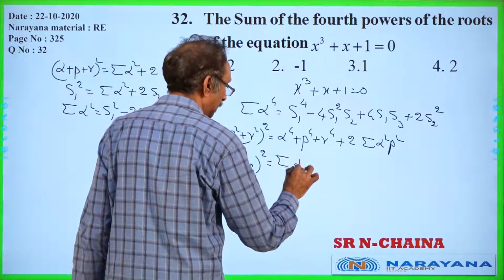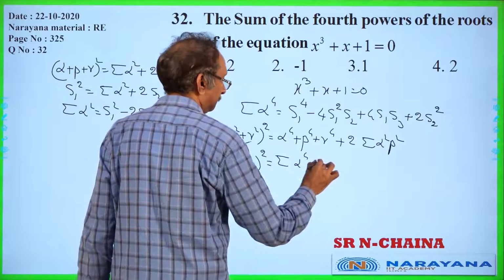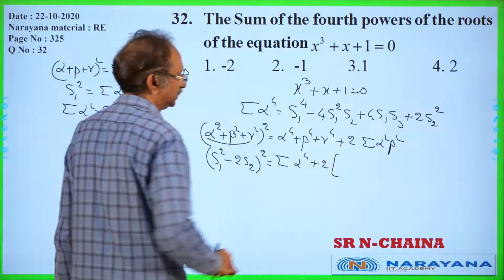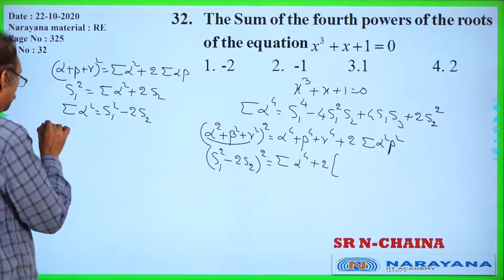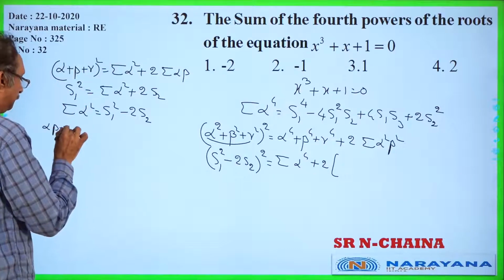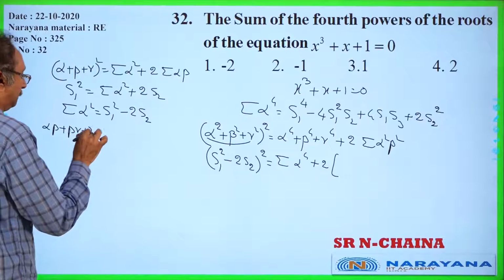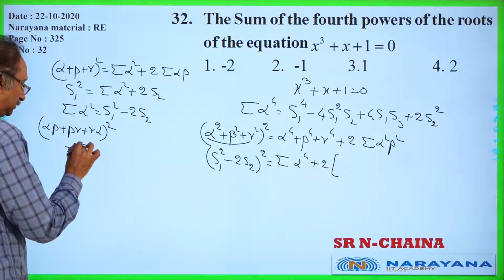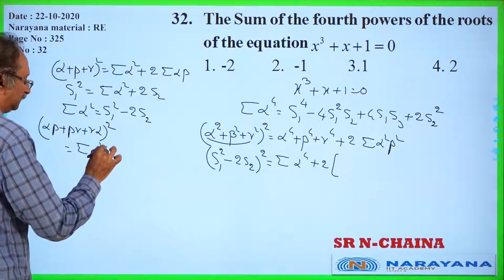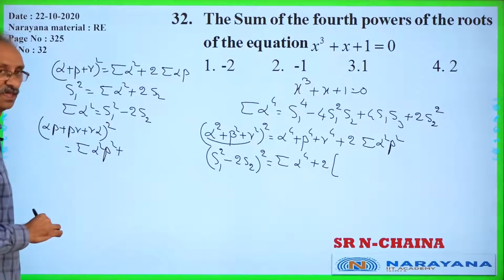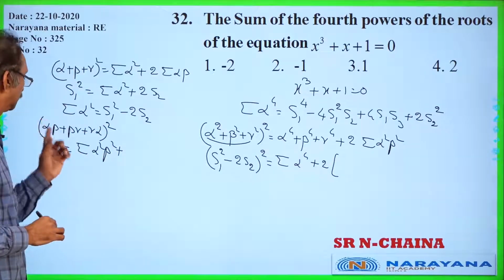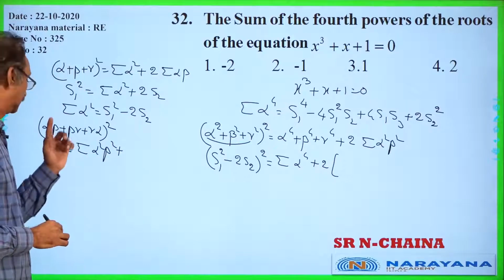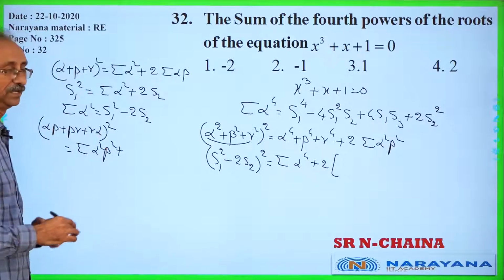This is sigma alpha power 4 plus 2 into, and what is this? See, alpha beta plus beta gamma plus gamma alpha whole square. Now you expand this, you will get sigma alpha square beta square plus 2 times sigma alpha beta square gamma, sigma alpha square gamma beta, like that.